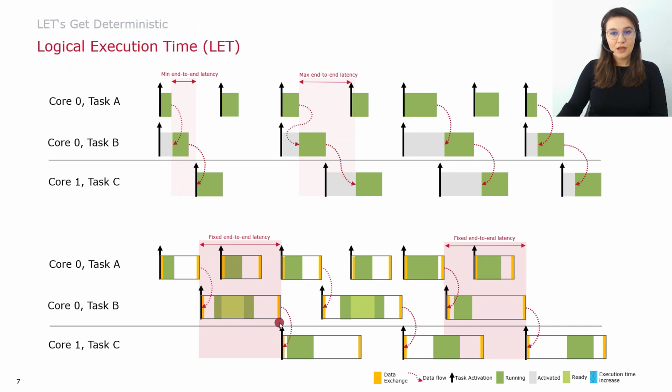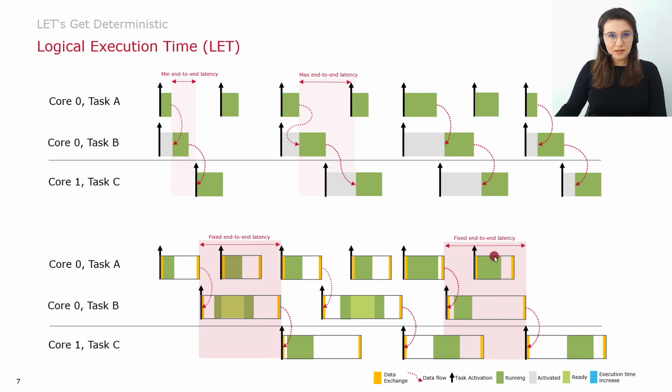Going back to the example that we saw initially, we transform very simply that each task becomes a specific LET interval, and we have in the beginning the read of the inputs, and in the end of the interval, the termination or the writing of the outputs. Those intervals stay fixed and the same for all instances of the different tasks, or in this case, our LET intervals.